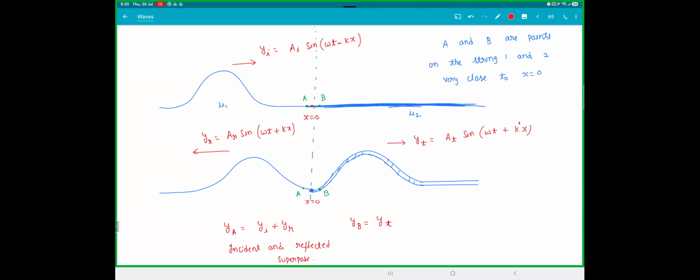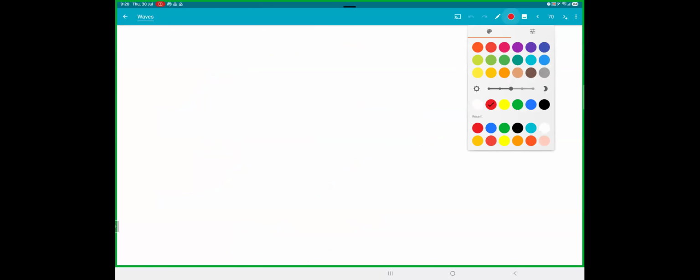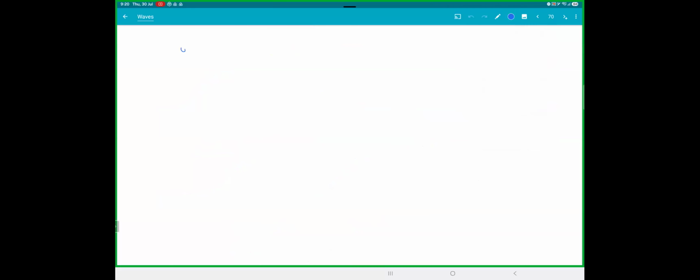So now I will argue, because the string is always connected, YA must be equal to YB. Why? If YA is not equal to YB, the string will break. YA must be equal to YB because the wave is continuous. Suppose they're different, let's say YA is 5 centimeters and YB is 3 centimeters.